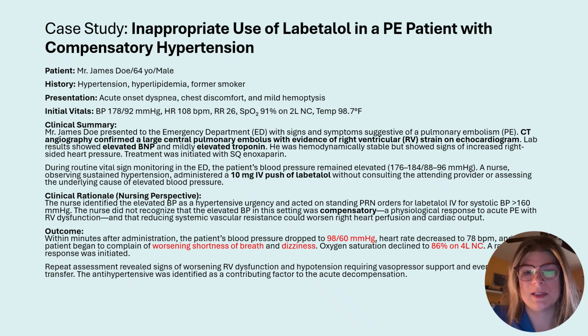So this case study is basically something that I have experienced myself with a few patient details changed. This case study also illustrates the risks of inappropriate antihypertensive use in PE patients with compensatory hypertension.